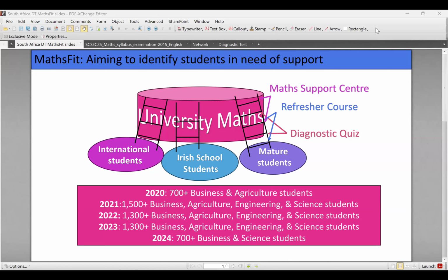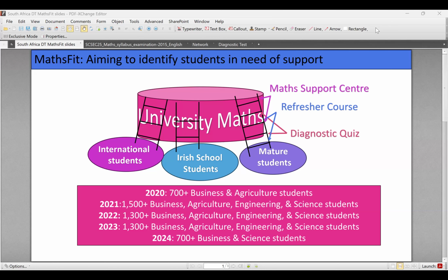And then we give them a sort of a diagnostic quiz, just to determine if they will be able for the Access course. And if they're able for the Access course, they go on to the Access course, or on the other hand, we might advise them to maybe study for a year and come back again. So that was the sort of the thing we did with the Access students.